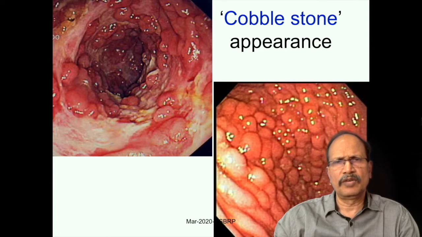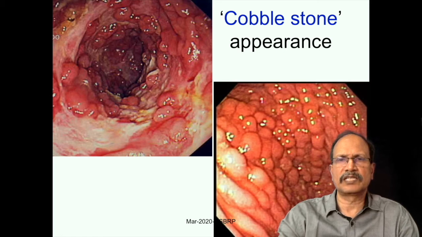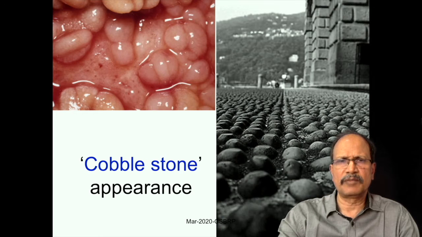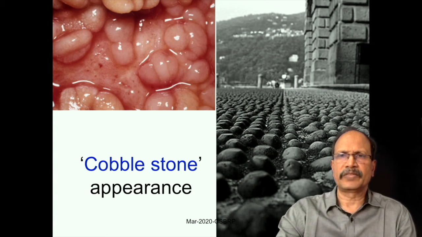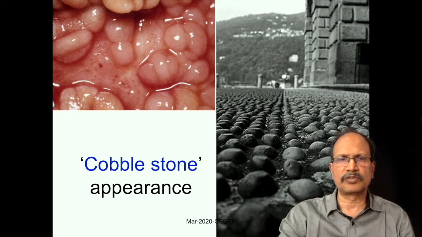They can go through and through the intestinal wall, even extending into the pericolic fat and joining the adjacent organs. In between these ulcers, mucosa protrudes in the form of polyps or knobs, which gives what is known as the appearance of a cobblestone. Hence the cobblestone appearance is typically used to describe the appearance of mucosa in Crohn's disease.